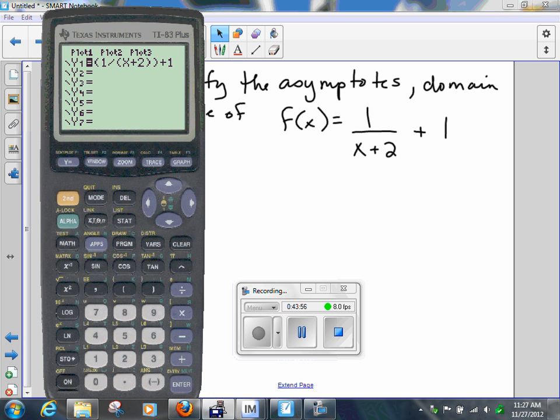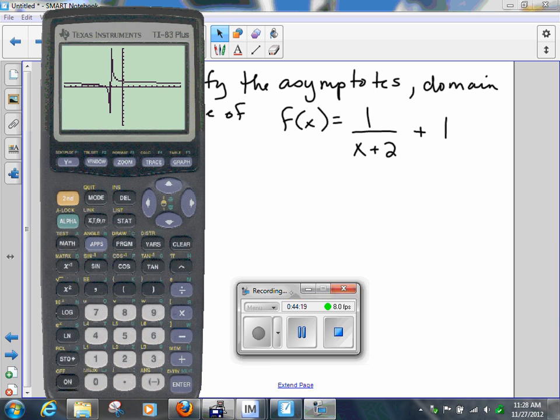Yep. Look at it. Oh my goodness gracious. Yours looks better, right? Don't be a hater. I'm not hating on your graph. All right, look.